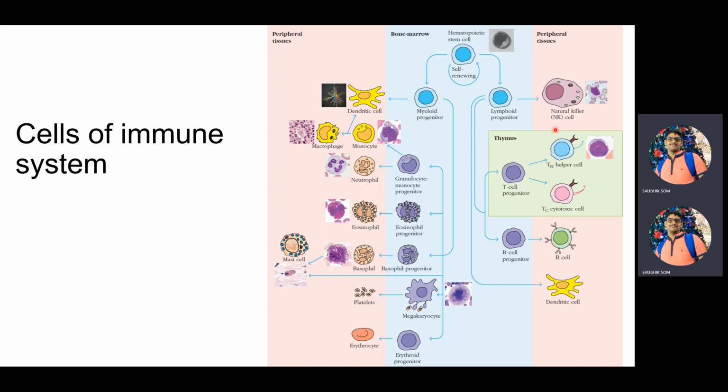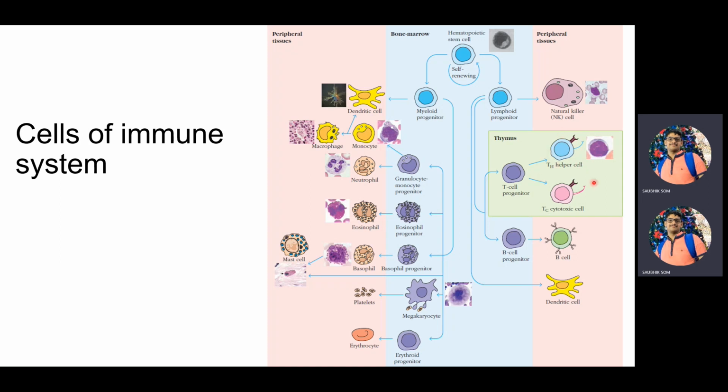T helper cells, or CD4 plus T cells, help in antibody production. CD4 is the surface marker of these cells.